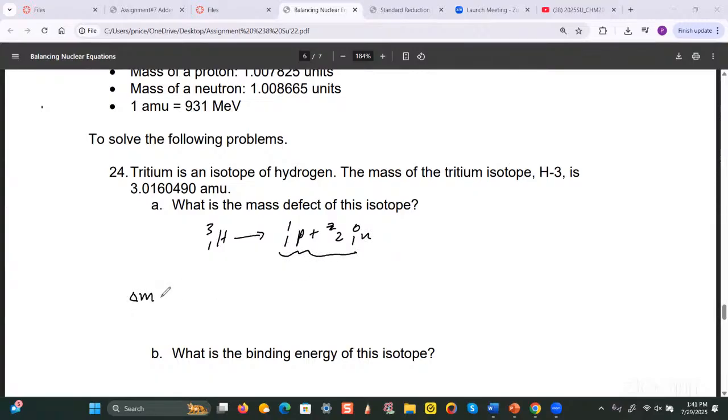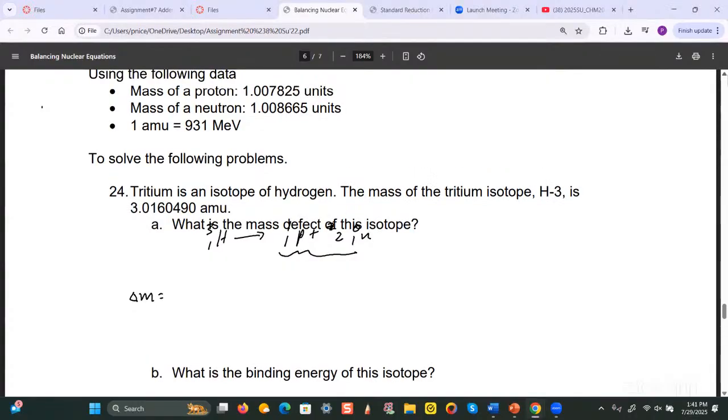So delta M is equal to the mass of the proton, which is 1.007825 AMU, plus 2 times the mass of the neutron, which is 1.008665 AMU.